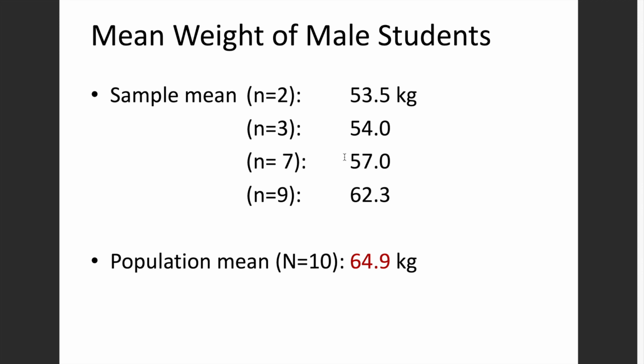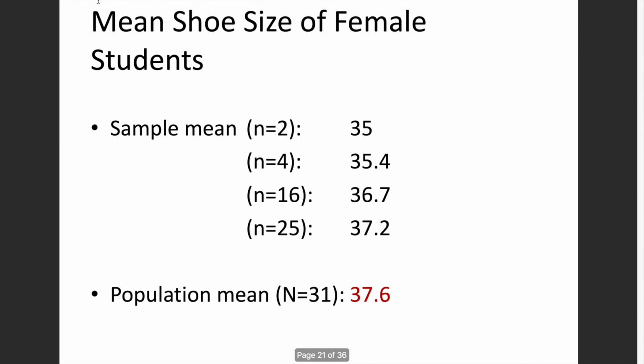So look at this. Can you see a trend? Take a look at this for the mean shoe size of female student. Look at it. n is equal to 2, n is equal to 4, n is equal to 16, n is equal to 25. Can you see something? Compare it to the population mean, the real size.